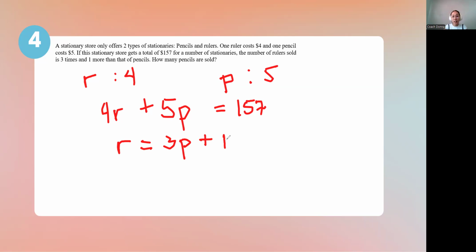So that is 3P plus 1 because it says 3 times and more than 1. So from that information, we could actually have 157.